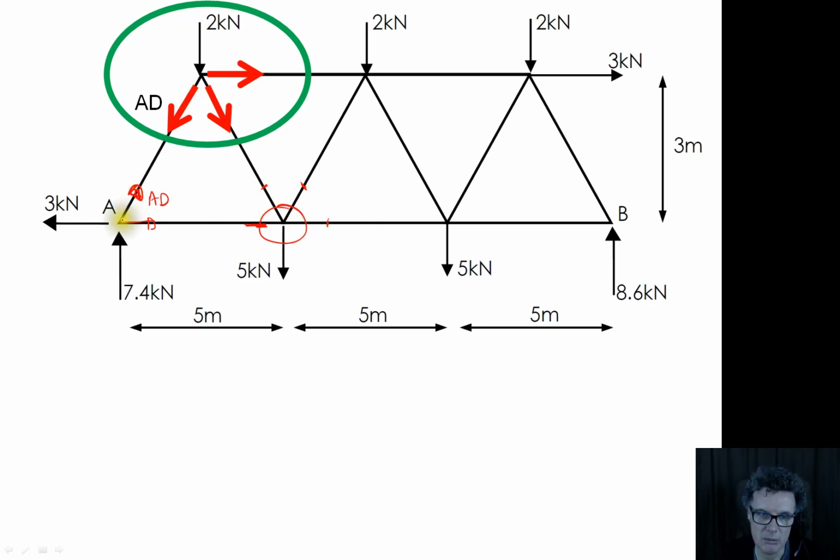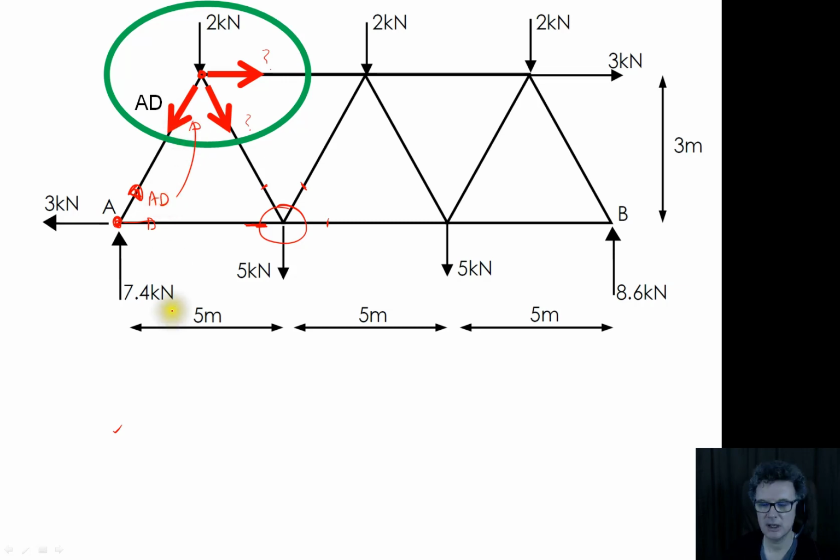So the only joint I can move to when I start from this joint is to move up to this joint here, because I know what AD is, and then I'm going to take a mirror image of AD and then shove that value into AD and then point it in the opposite direction. And then I can have an unknown here and an unknown here. So when I cut through around this joint, even though AD looks like it's an unknown, we did previously solve it.